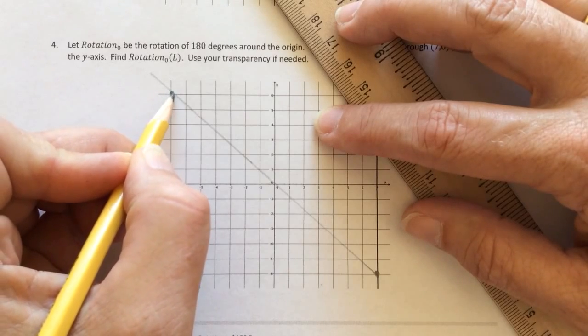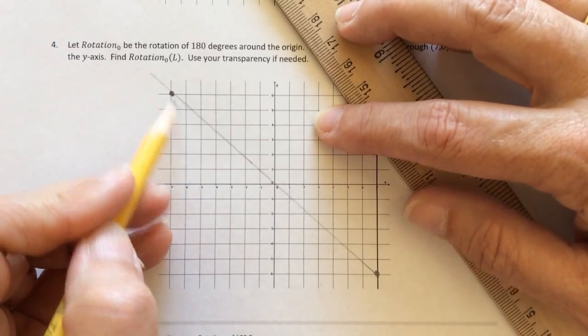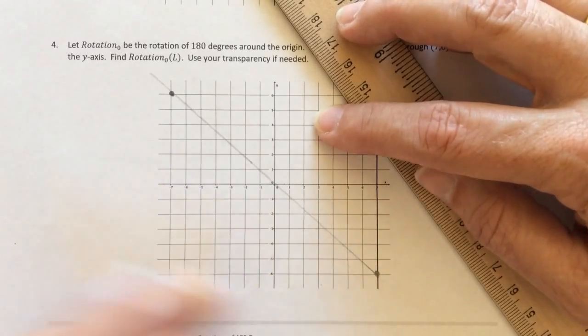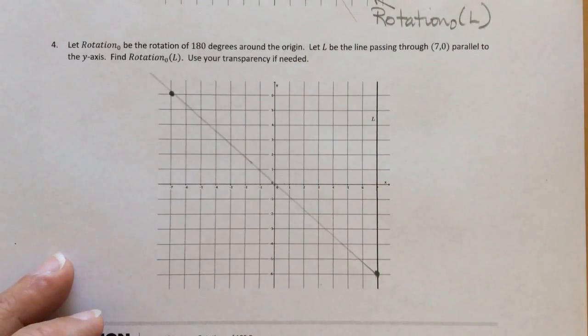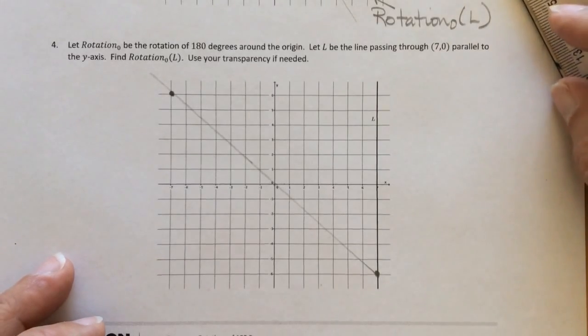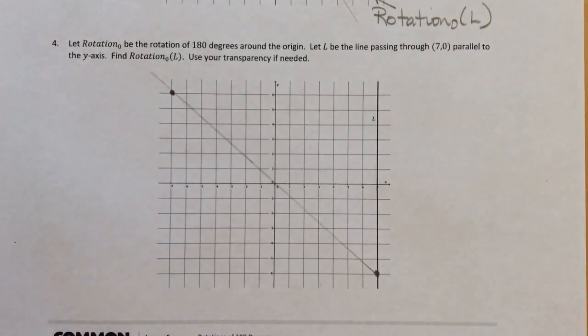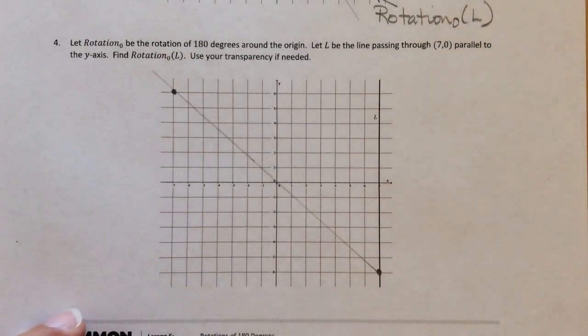This point is going to have to end up right over here, equidistant from the origin. That's my radius of rotation right there for that point. So I could even mark a few other points, but I don't need to because this is going to get me far enough.